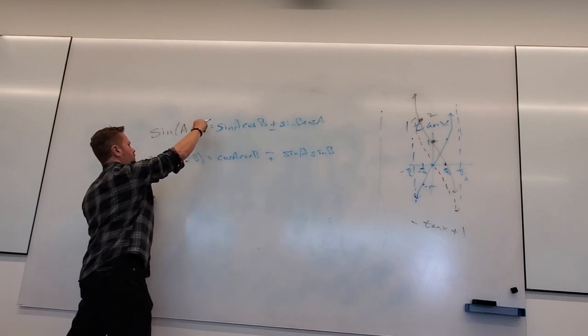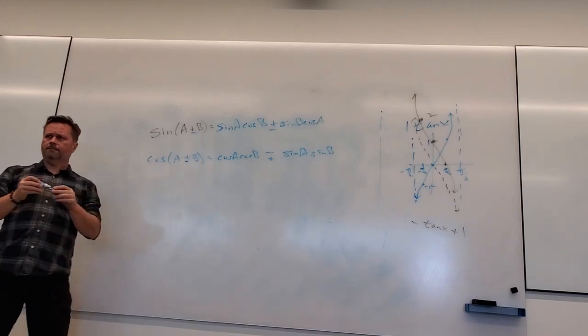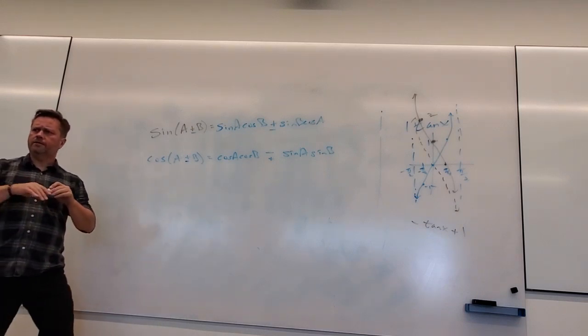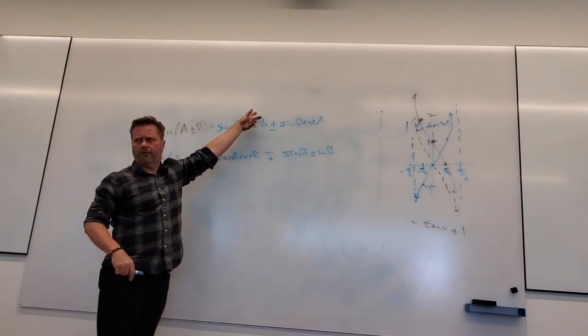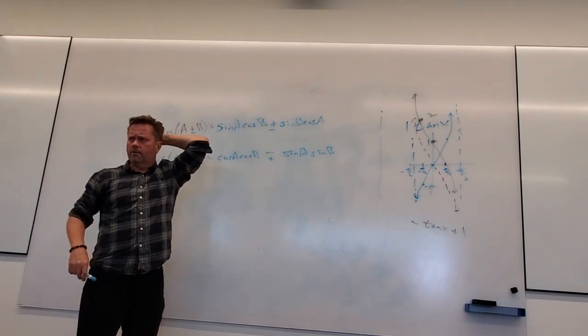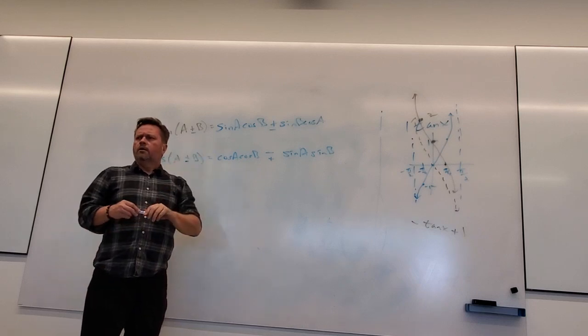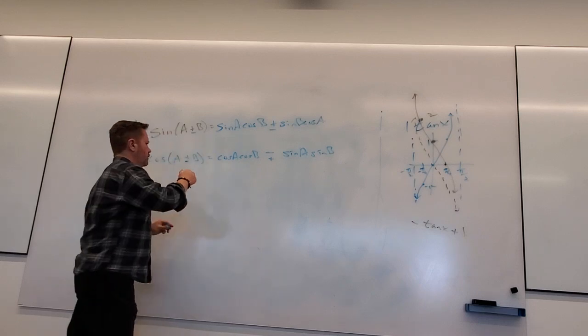Yeah, so plus goes with plus, minus goes with minus, that's what that means. So your question is, if I reverse that? No, what's your question, sorry? I don't understand. I felt like the sign would change for the other.